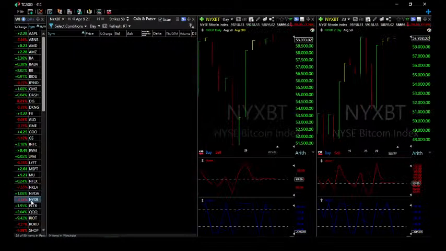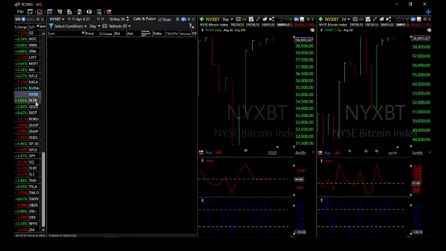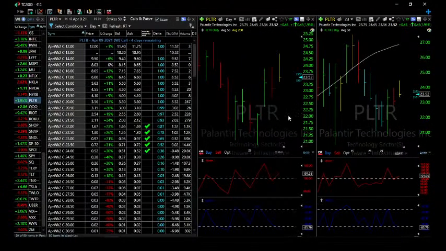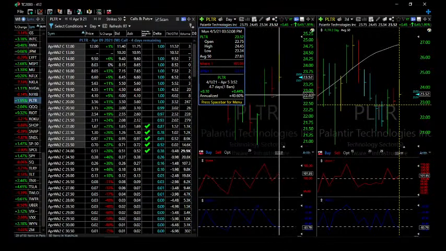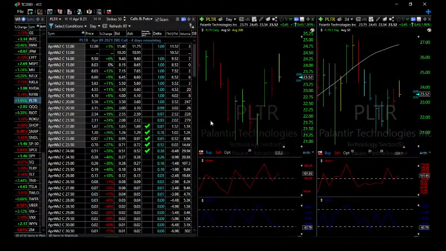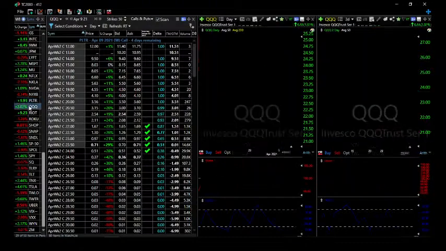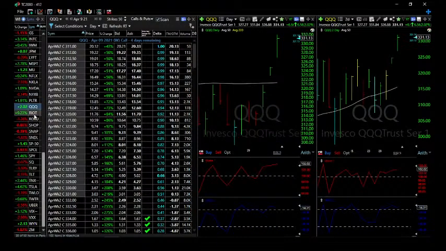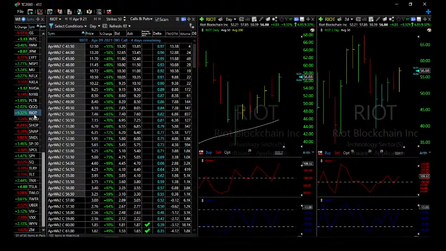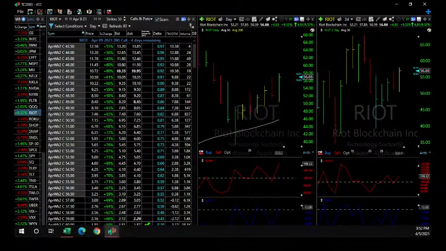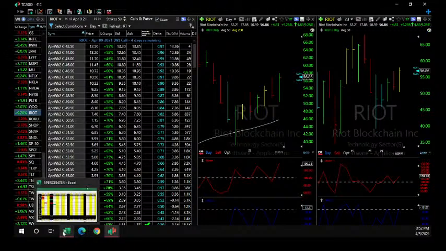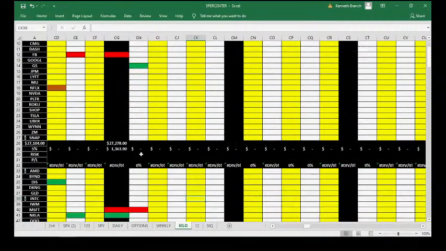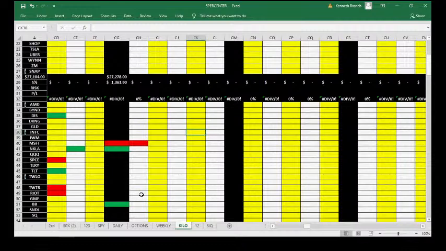Nvidia. All of these stocks are giving sell signals. PLTR, today and the daily. Let's see, Riot. This is the stock that's tied to Bitcoin that I started working on. Riot.